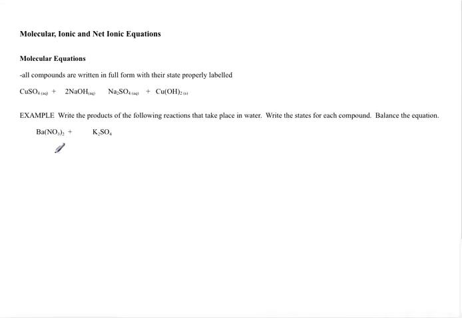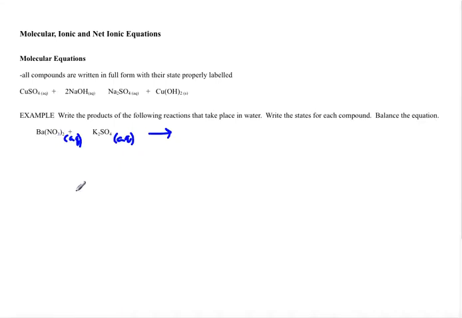Looking at the solubility rules, number 2 states that any compounds that contain nitrate or NO3- are soluble. So this is aqueous. Rule number 1 states that anything that contains an alkali metal is soluble, so this is also soluble.